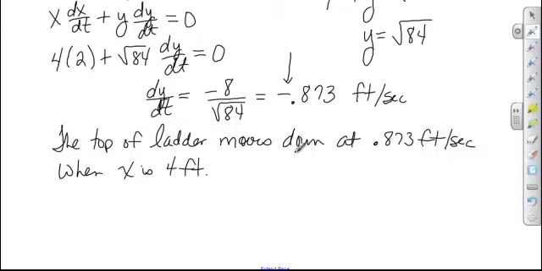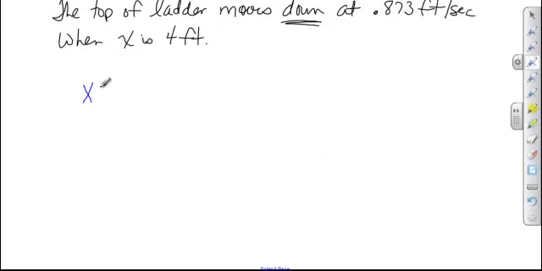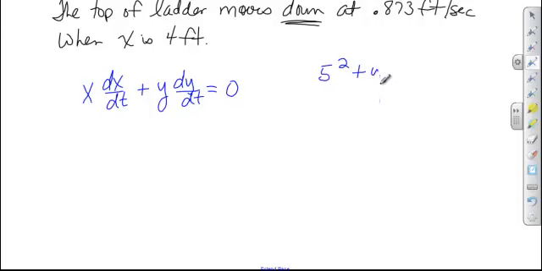Now, the second part of that question is, let's find dy over dt when x is 5 feet. So, going with the same equation, and I'll leave out some steps because we've already done them. Now thinking 5 squared plus y squared equals 10 squared to get a value for y, and that'll end up being a square root of 75.